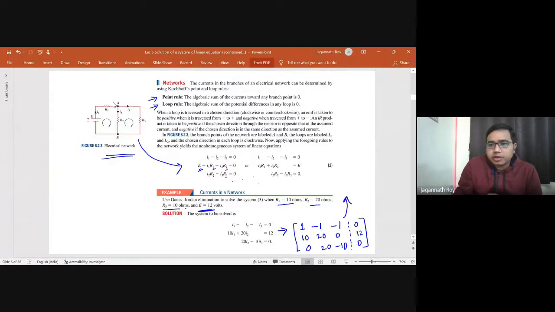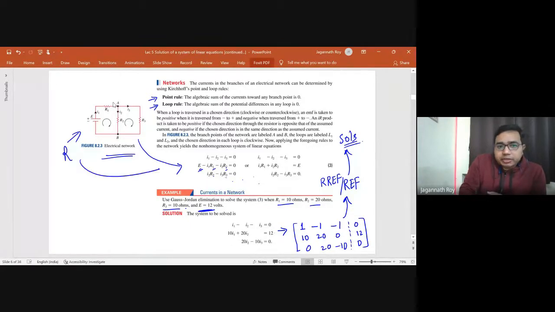Now you try to find the REF or RREF, and you can get the solutions. So this is a real world problem. You make it a mathematical problem.